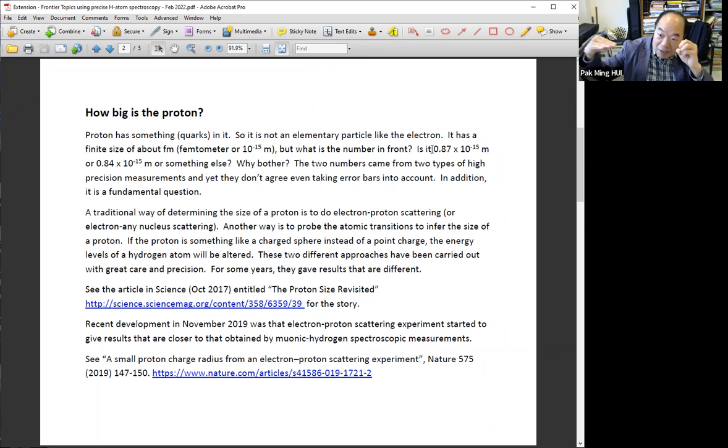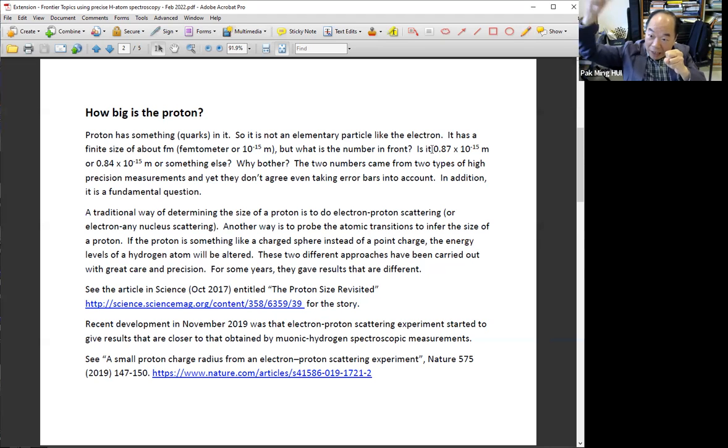So you fly some electrons in and then see the angle of scattering. You see how strong this potential field is, so that you infer how big the proton is. Another one is to use spectroscopy of muonic hydrogen. What does it mean?